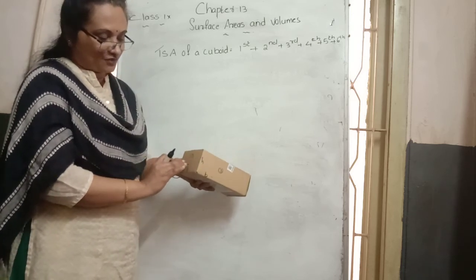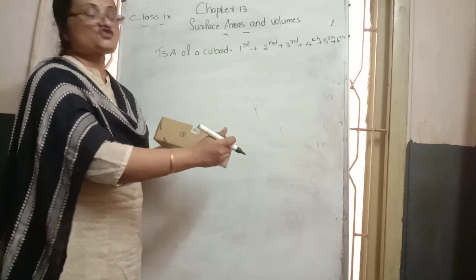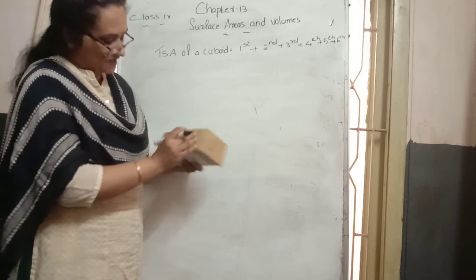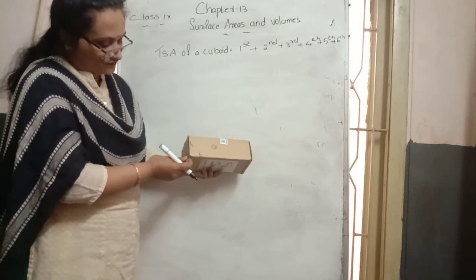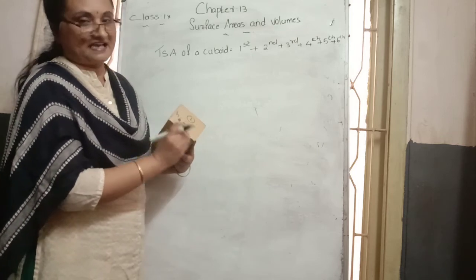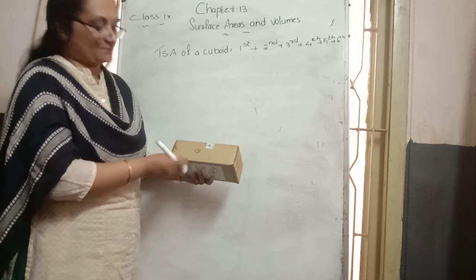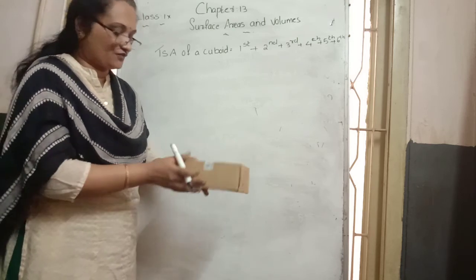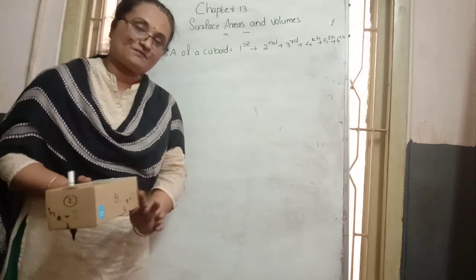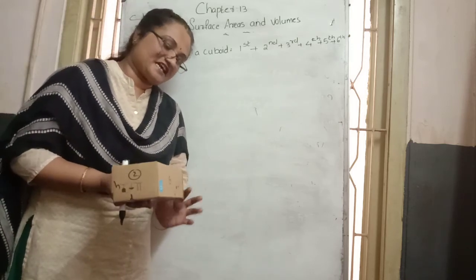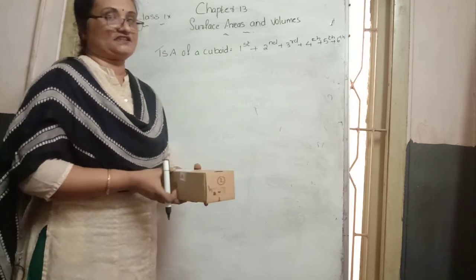Then with respect to the first face, the same way the second face, which is opposite to the first face: there also this side and this side represent height, this side represents length, and this part represents breadth. Remember that also. And with respect to third and fourth, this is height, breadth. Here also for the fourth face, this is height and this part represents breadth.